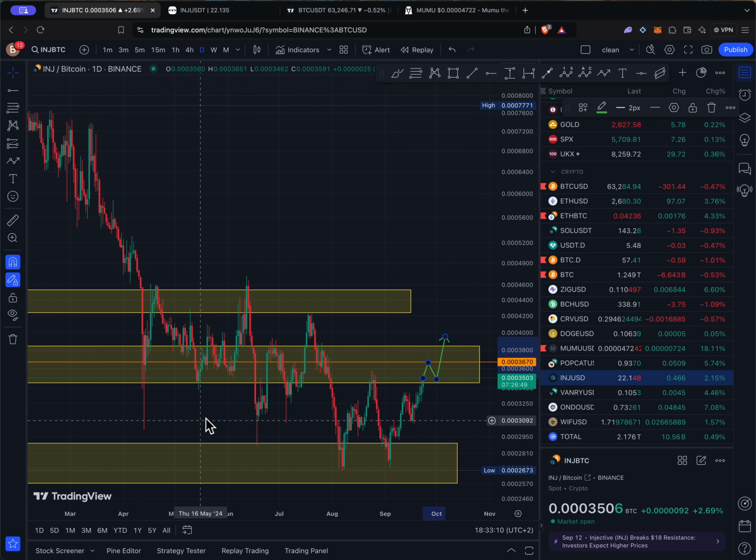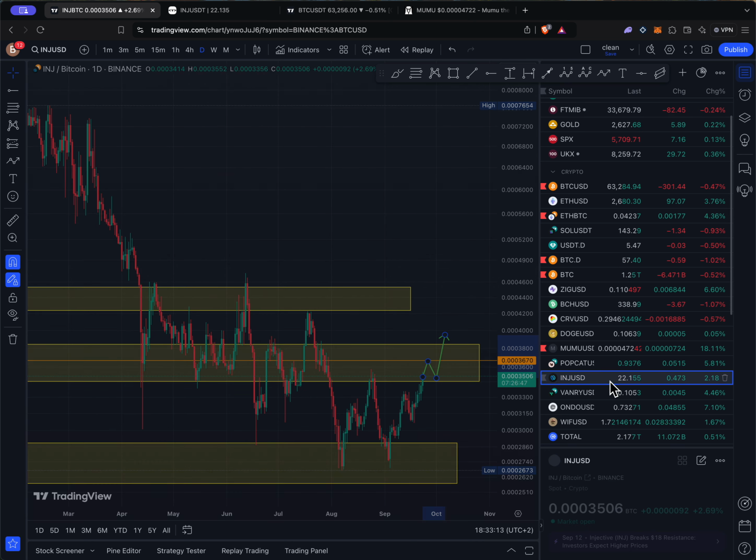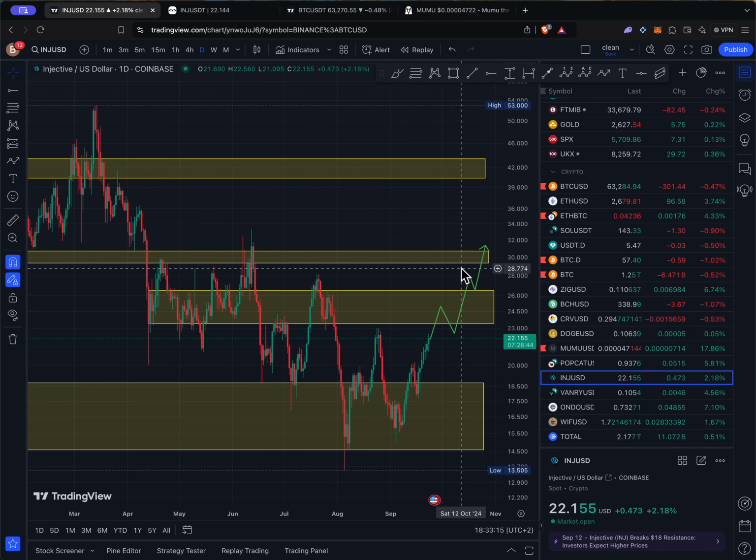This is on the BTC, and this is basically the same move again against USDT. So we always need BTC to cooperate with this.